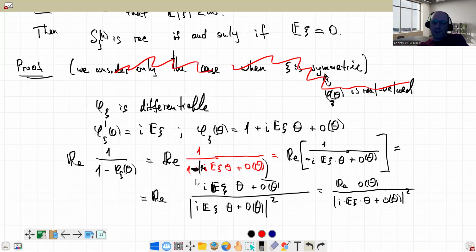Well, this result is easy to prove if phi xi is differentiable 2 times. Then you may write the Taylor expansion up to the second order, and in this case this O small of theta looks like theta squared times some coefficient, and if this is not zero, then it's easy to see that this integral is convergent.